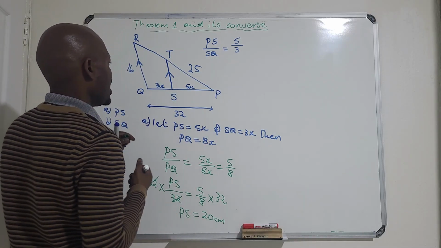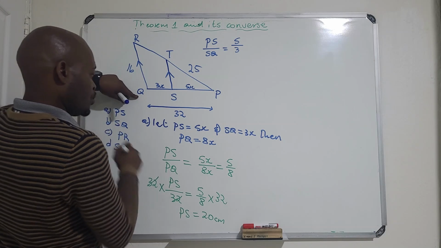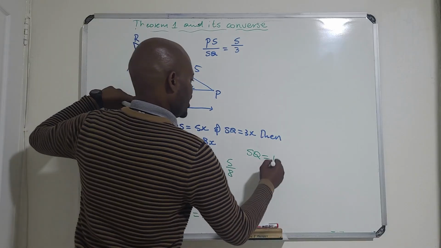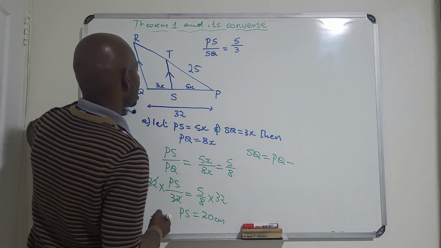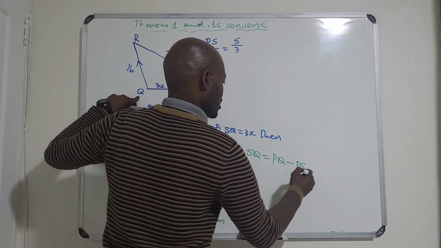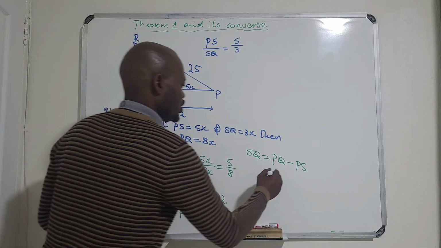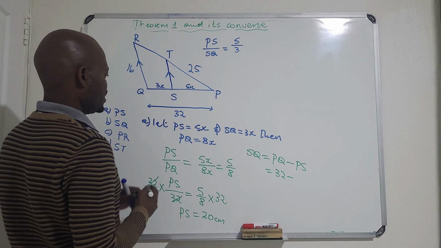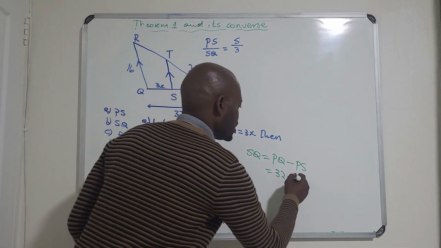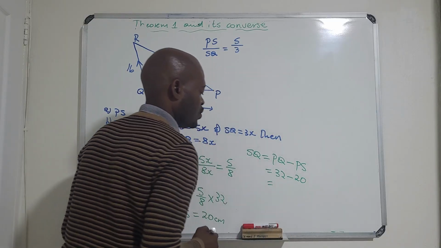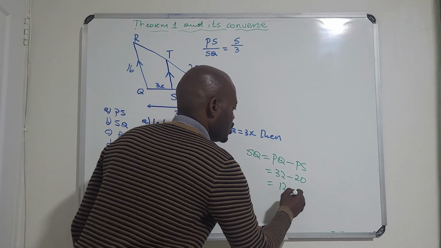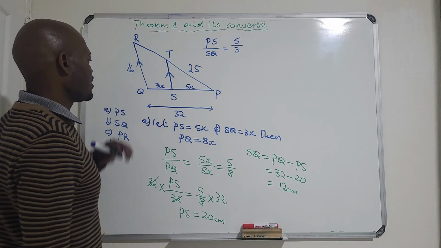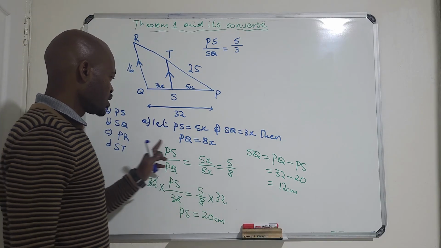So if we want SQ, SQ is equal to PQ minus PS. What is PQ? 32. Minus PS, which we've just found to be 20 centimeters, which becomes 12 centimeters, this part there.